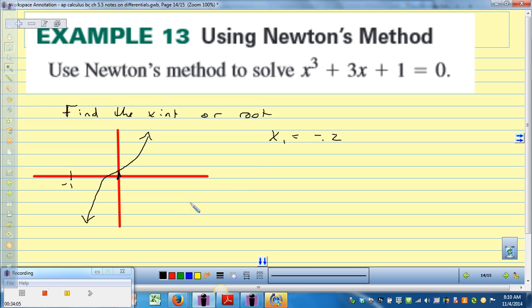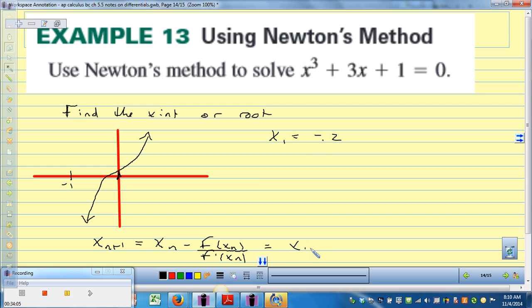And I can find my x sub n plus 1 by doing x of n minus f of x of n over f prime of x of n.